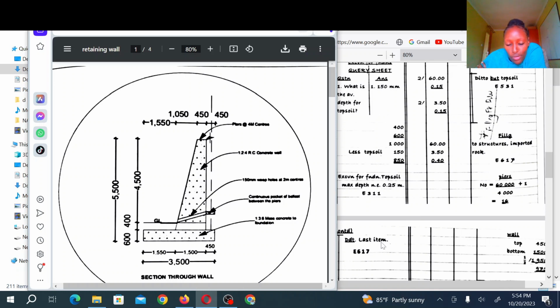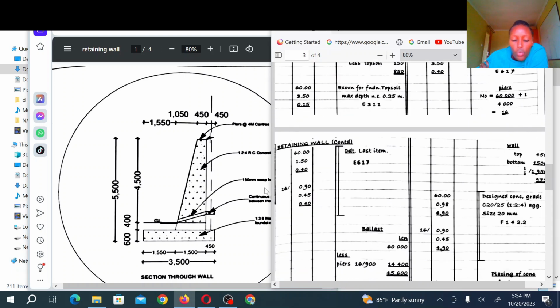So when we are coming to deduct, we shall take this volume here. First, we shall deduct this volume in the wall. So it shall be 60 meters long, 1.5 for the wall, then height 0.4 for the wall. Then for the pier here, how many piers? You see, we shall be filling everywhere except where we have piers. The piers only appear after every 4 meters.